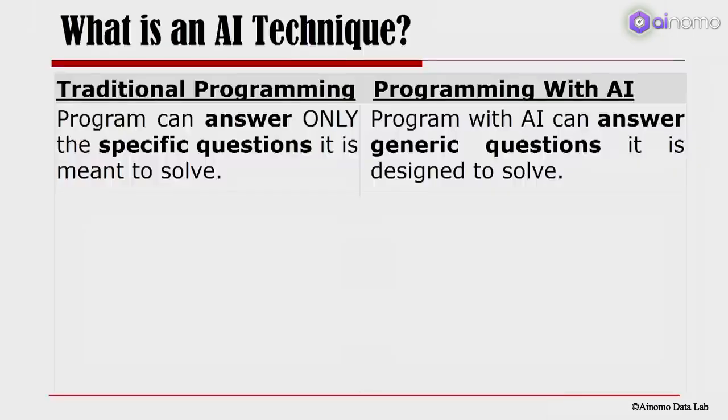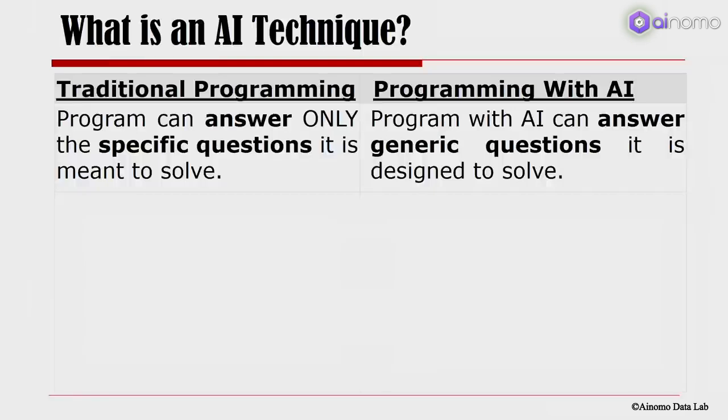Traditional programming is when we program and look for an answer for only a specific question it's meant to solve. Like, let's take an example that I'm interested in finding out the roots of a quadratic equation. My focus is only on getting the roots of the equation.